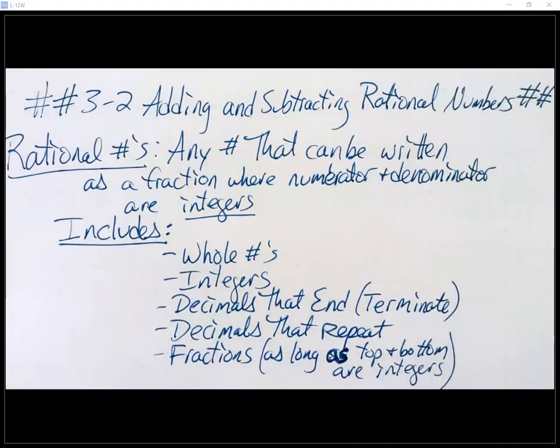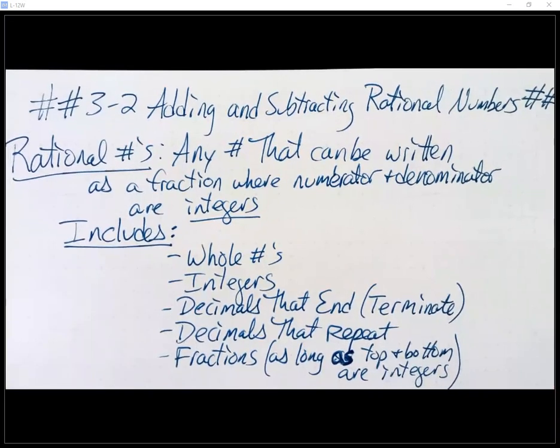I remember learning about rational numbers, and I'm not going to say that I was not taught this. I probably just missed it. But I always remember hearing, and maybe I just misheard, that rational numbers are just any number that you can write as a fraction. So I'm like, okay, well, I know pi is irrational, and I can write pi as a fraction. I can write pi over 1.